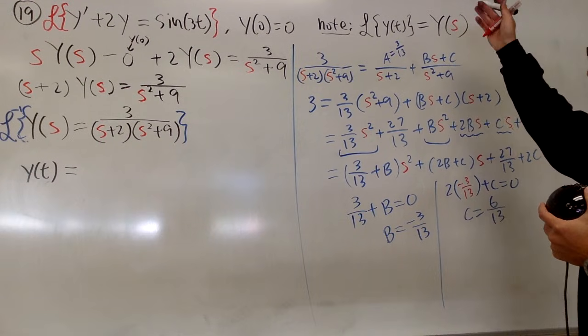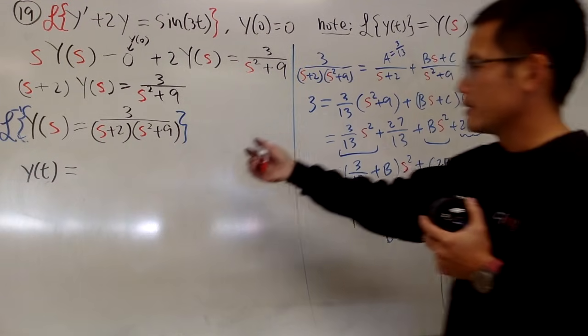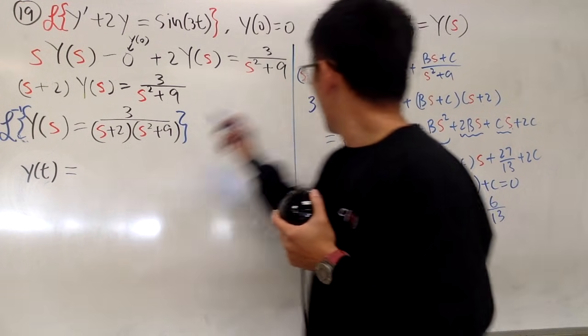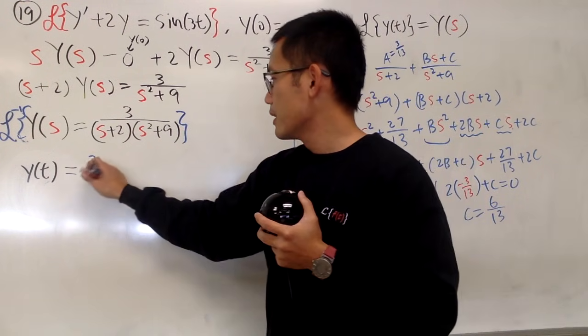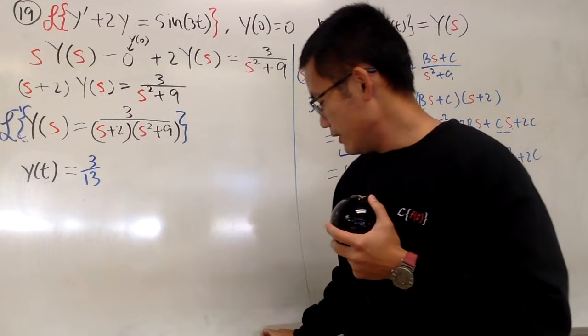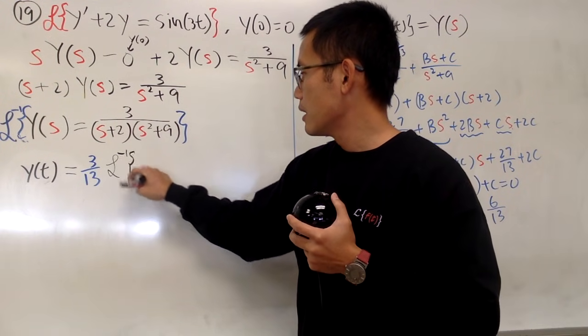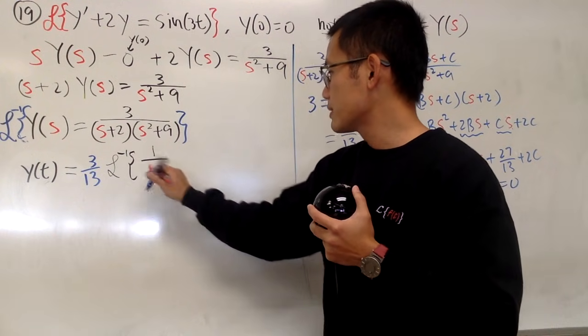All right, so let me just put things down together. First one, here we have to do the inverse Laplace. A is 3/13, and then we have the inverse Laplace of 1 over s plus 2.